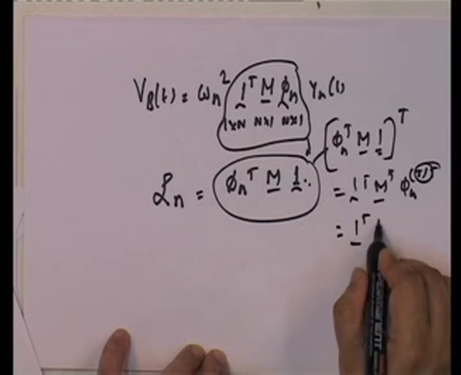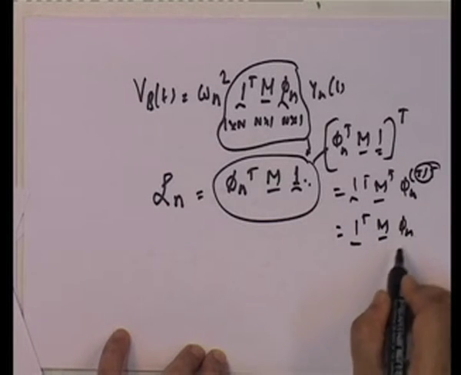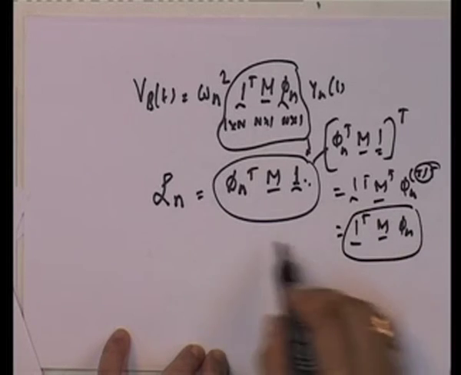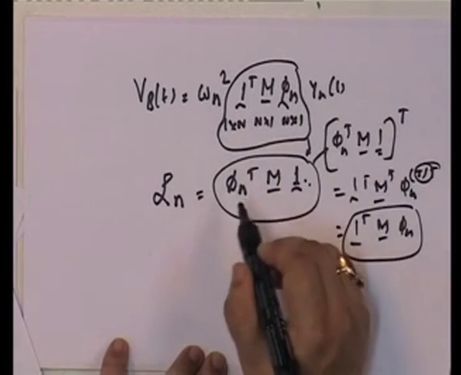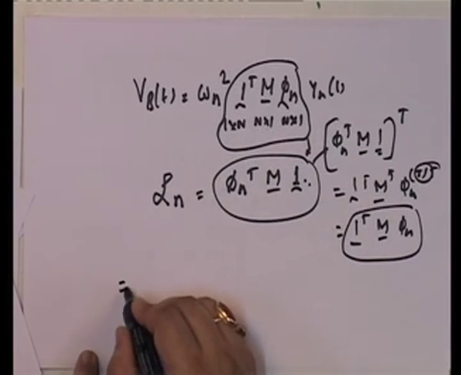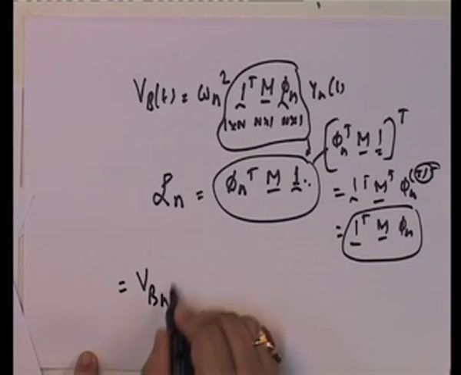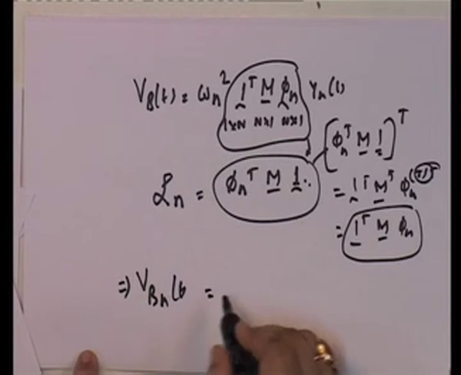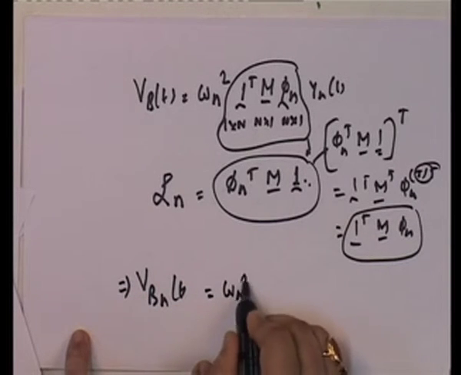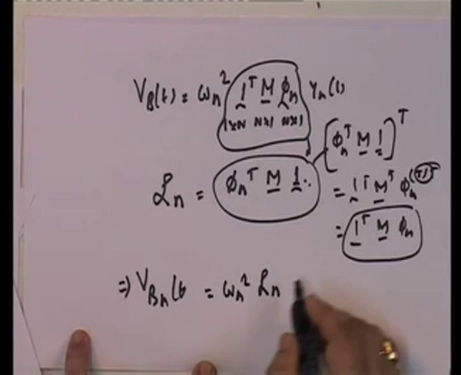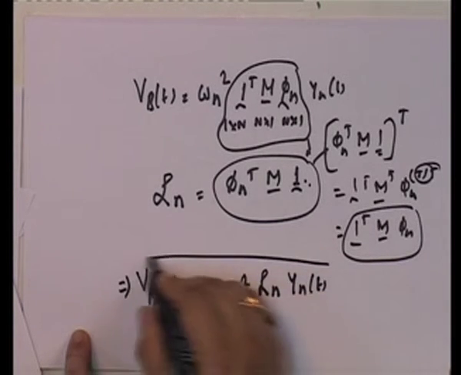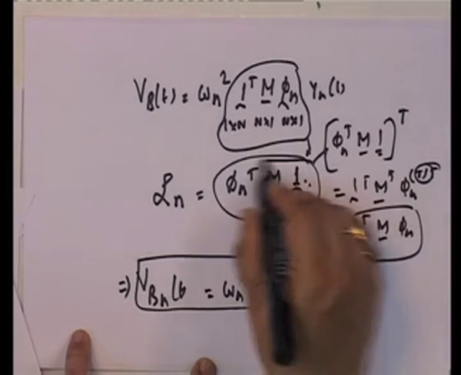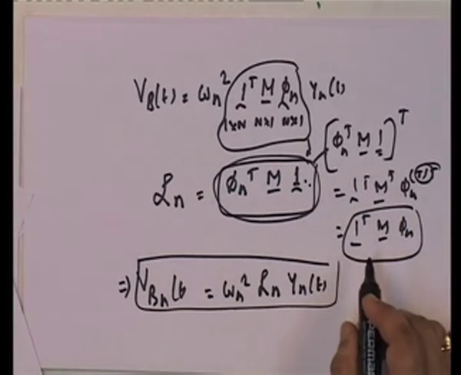So this becomes 1 transpose m into phi n. Note that since it is a scalar, the transpose of itself is the same. Therefore, V b n of t is equal to omega n squared L n into y n of t, where L n is this quantity.